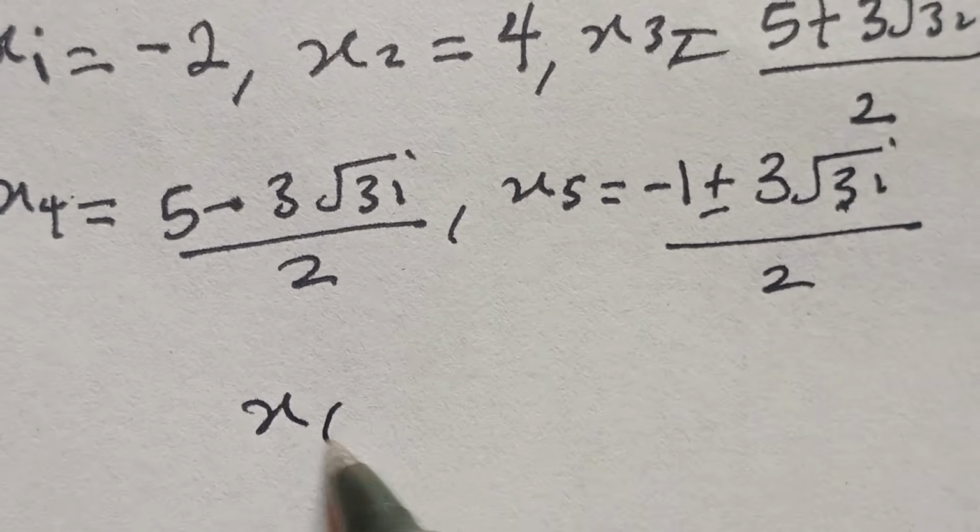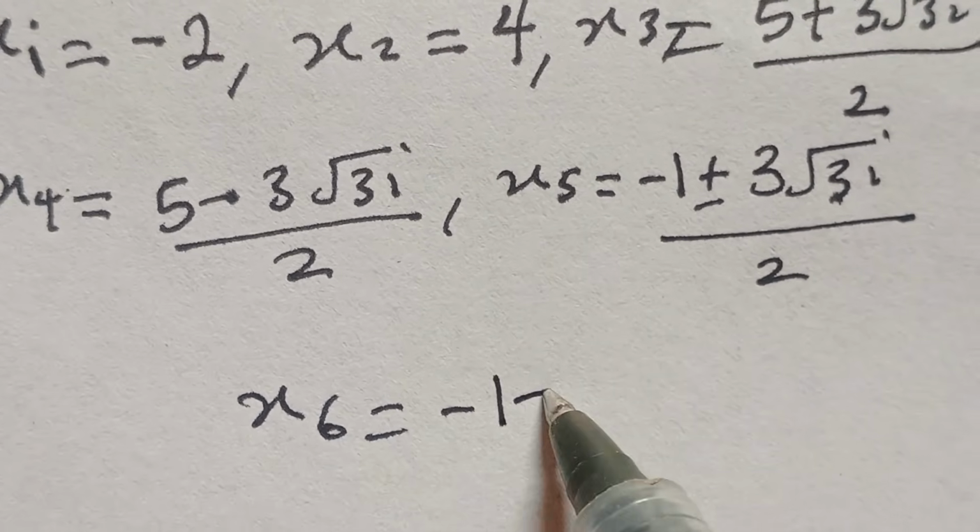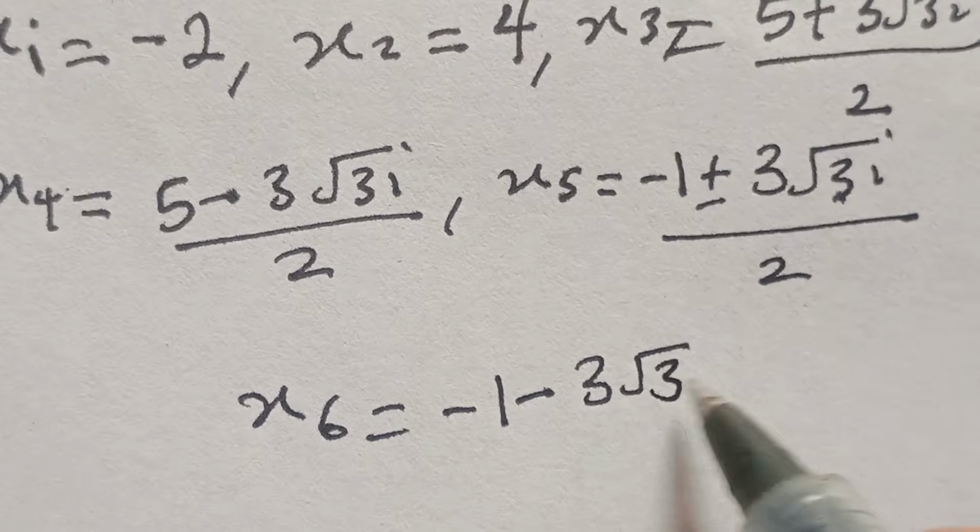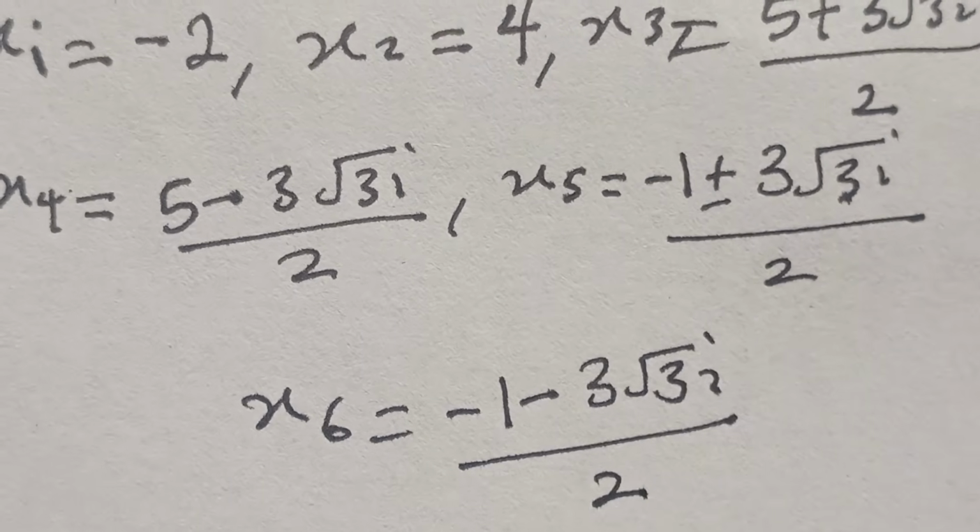And x6 will be equal to minus 1 minus 3 square root of 3i divided by 2.